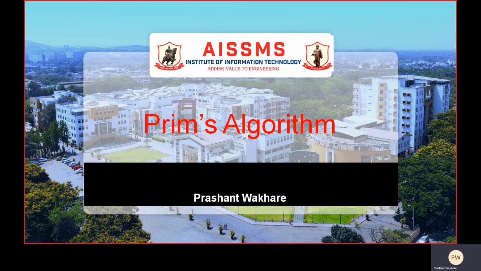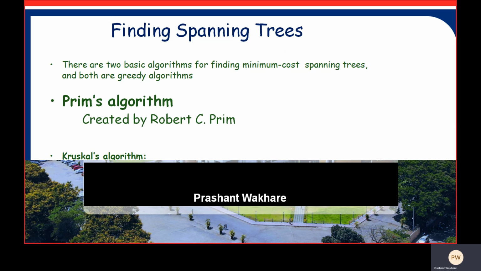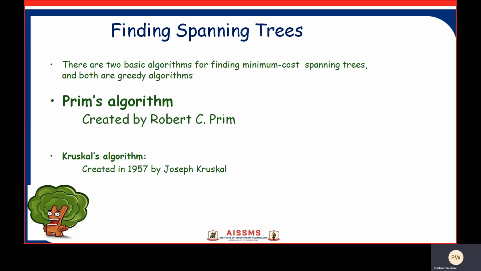Then we will see finding the spanning trees. There are basic algorithms for finding a minimum cost spanning tree, and both are greedy algorithms. The first one is Prim's algorithm and the second one is Kruskal's algorithm.